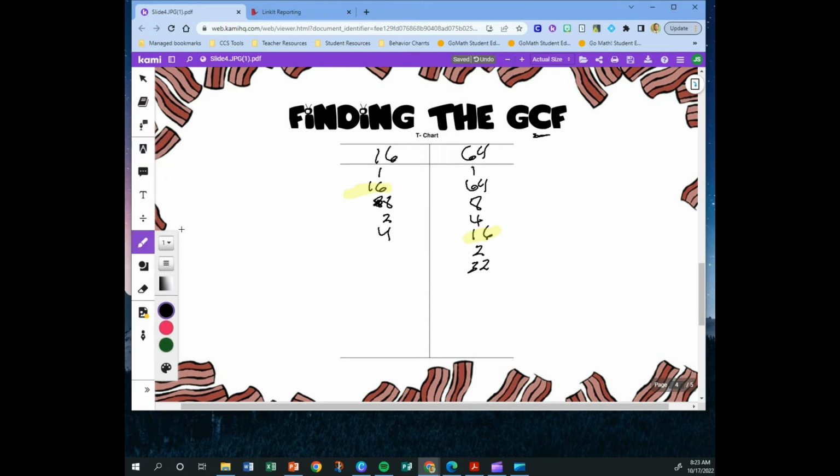So now I can simplify that fraction by dividing the top part by 16 and the bottom part by 16, sorry for the bad handwriting there, you don't know how hard it is to write on these things. 16 divided by 16 is 1, and 64 divided by 16, as we showed over here, is 4. So I now know that 16 over 64 I can simplify to 1/4, which would be a lot easier to do any kind of multiplying or adding or dividing by. That's why we want to simplify these fractions.